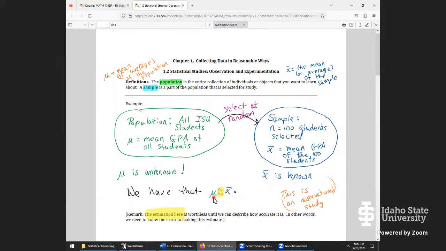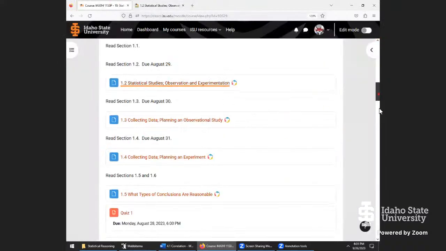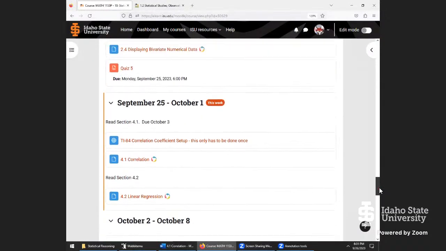And our ultimate goal is to say that the parameter mu is approximately equal to whatever the sample mean is. But in order to determine how worthy that estimate really is, the error in the estimate, the accuracy, we have to deal with probability. That's the major reason we'll be turning to chapter 5 once we're done with section 4.2.